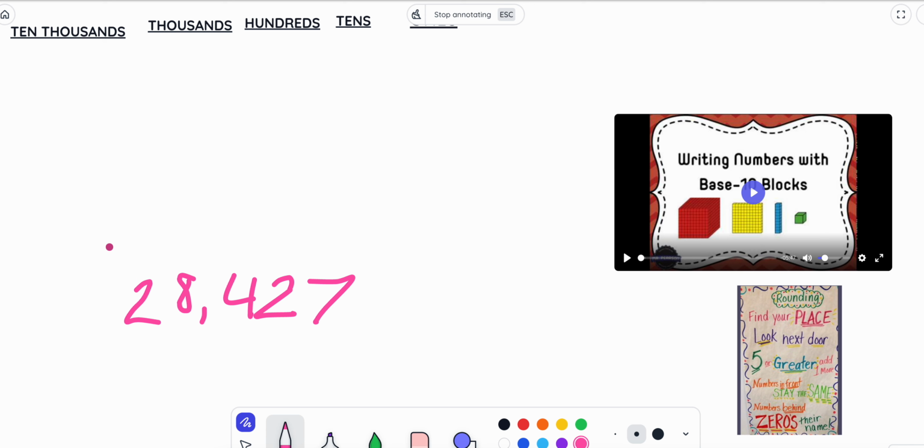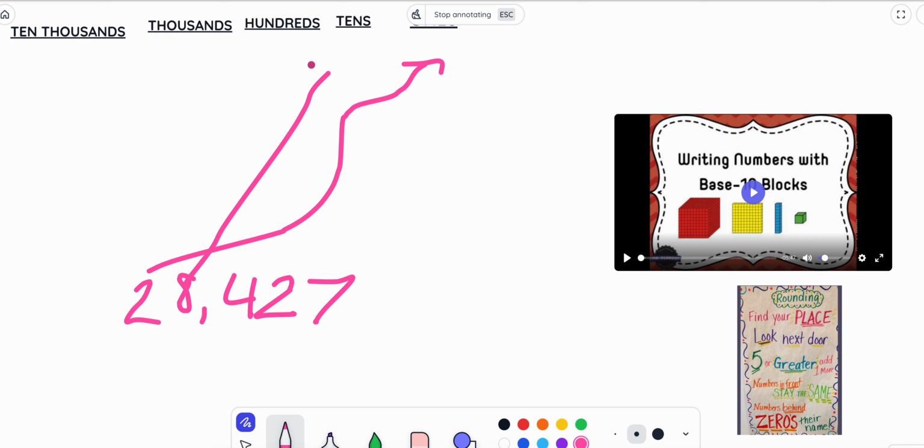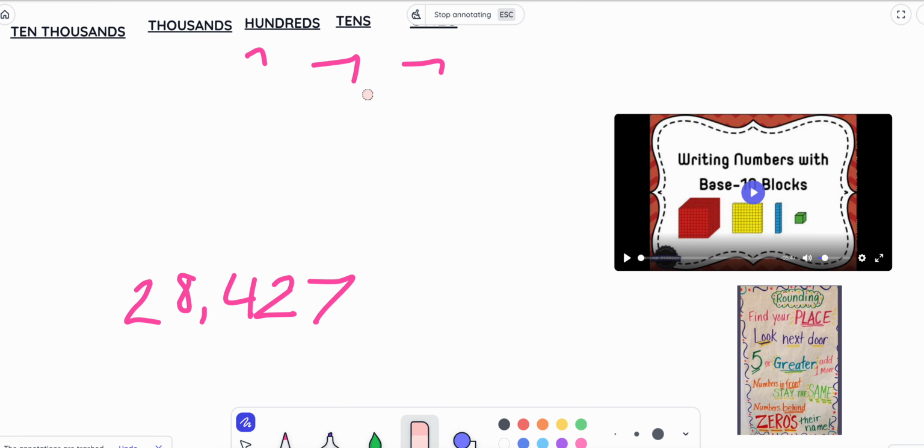I'm going to be a bad student and start with my 2. So if I put my 2 here, is that going to make sense? That's going to completely change my number, right? If you work your way opposite, your number is going to be completely different. Okay? So that is not going to work for us.